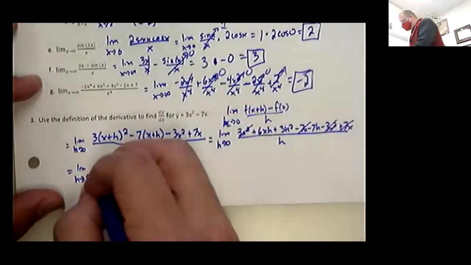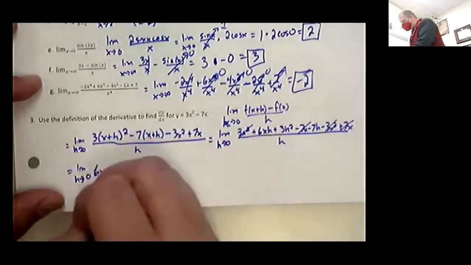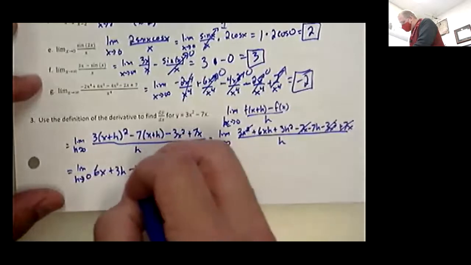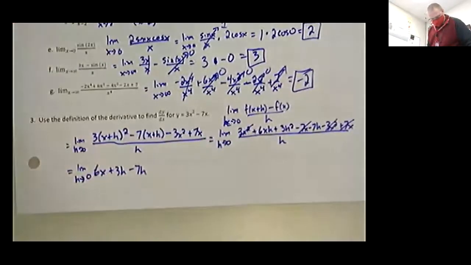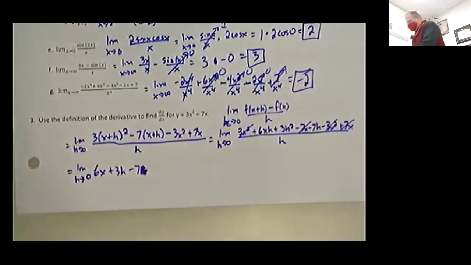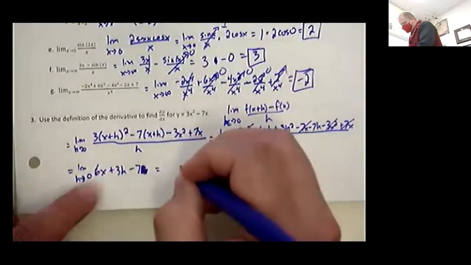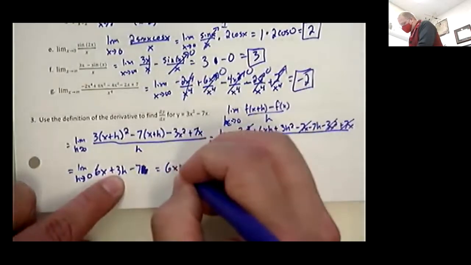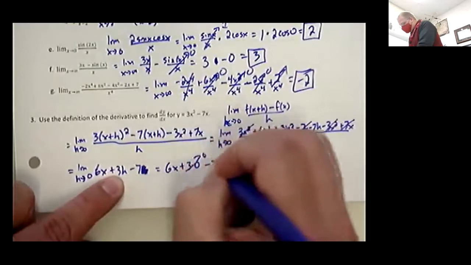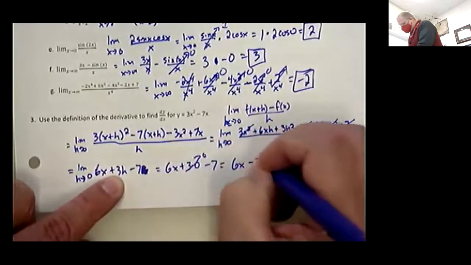H will now divide everything that's left, which leaves us with a 6x plus 3h minus 7. Now we can plug in the 0. And that is a 6x plus 3 times 0, which goes to 0, minus 7. That leaves us with a 6x minus 7.